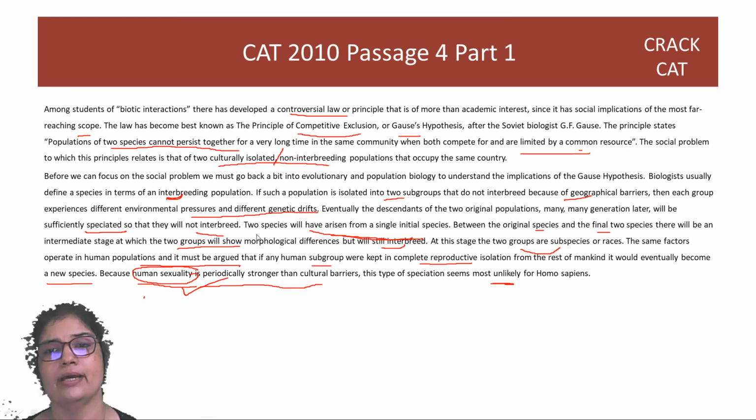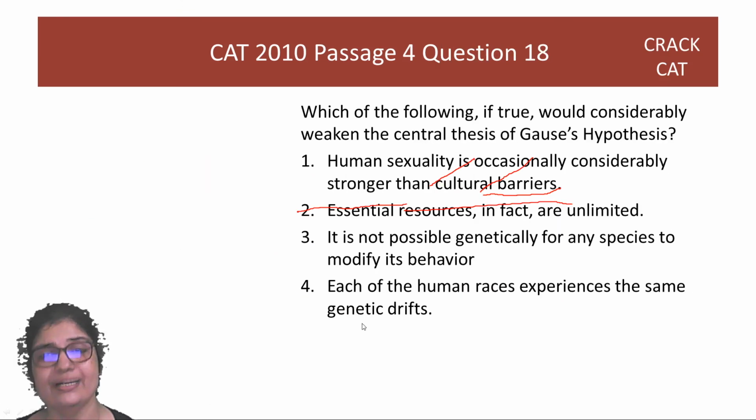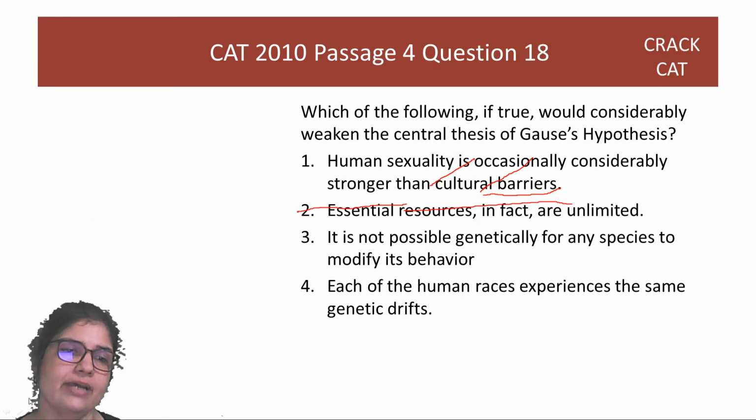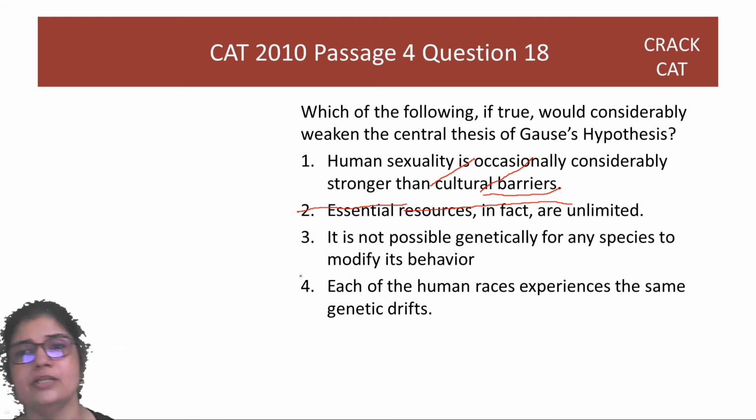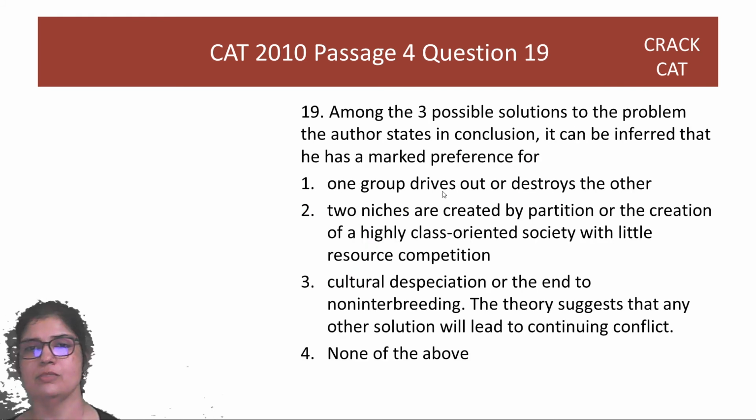If it is different, then they will become different species, then they will not interbreed, then all these problems will happen. So it assumes that the different genetic drifts will take place. And if that doesn't happen, then you will not have different species, there won't be a difference, and then the interbreeding will continue to take place. So 4 weakens.